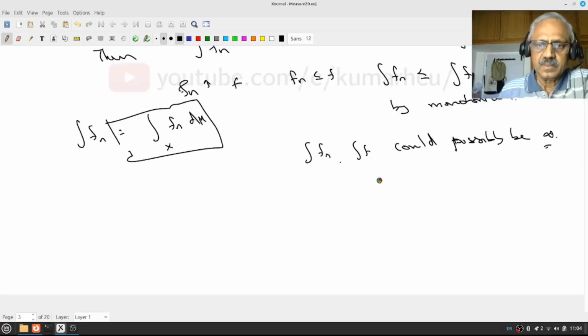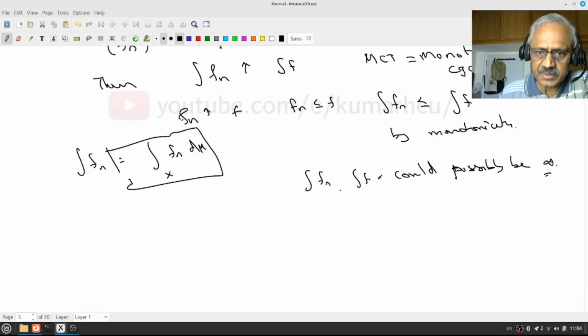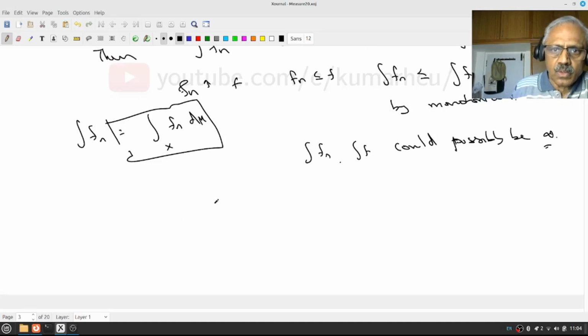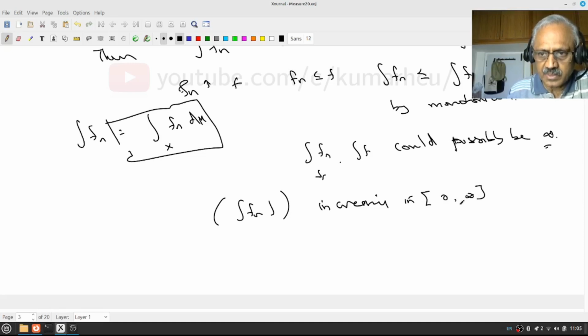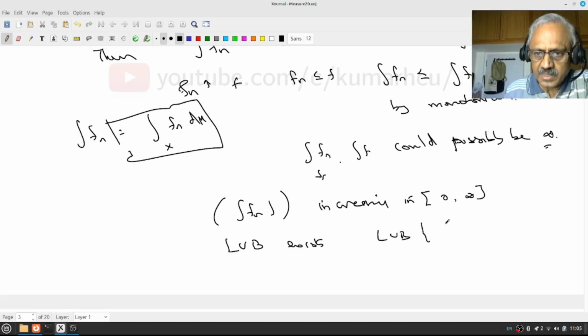We are not ruling that out. Since Fn is increasing, the integral of Fn is an increasing sequence of non-negative real numbers, therefore its LUB always exists. Either the LUB is infinity or it is some positive real number.